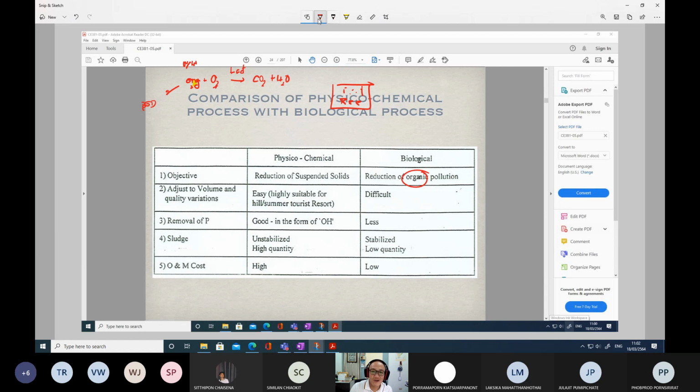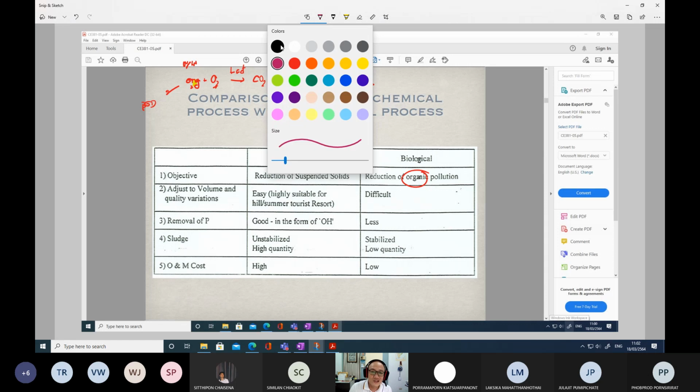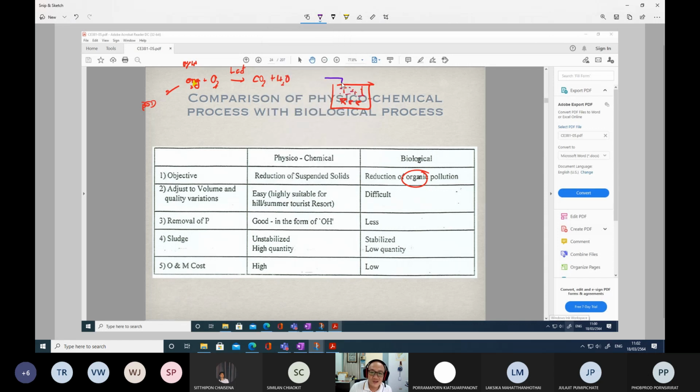We cultivate the microorganisms inside, and then these microorganisms receive wastewater from outside. This wastewater contains some organic matter. So all the reactants are here in this reactor, so that these reactions can proceed. So this is the biological process.